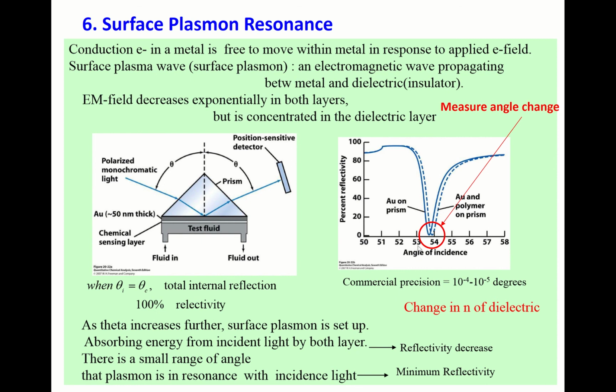Here, look at this figure. The x-axis is the angle of incidence, theta, and the y-axis is percent reflectivity. Now you measure the reflected intensity while you change this incident angle very minutely. Look at this solid line.